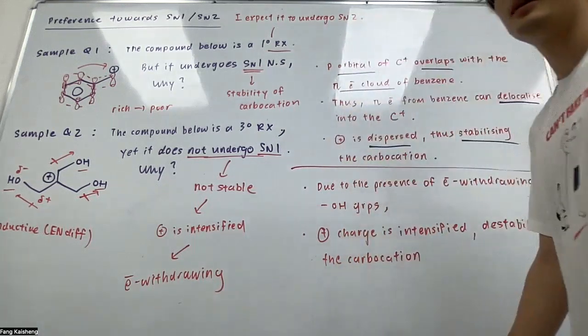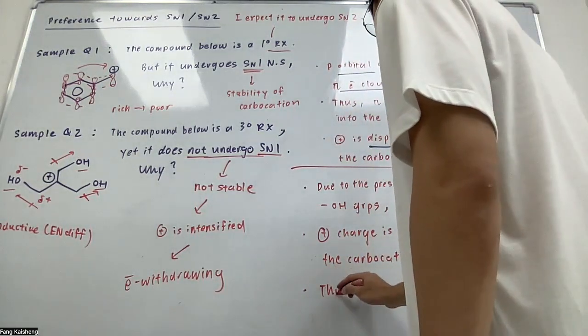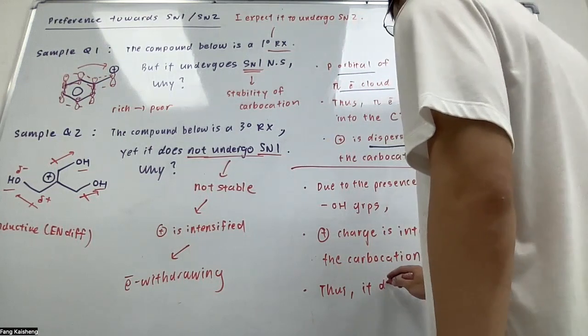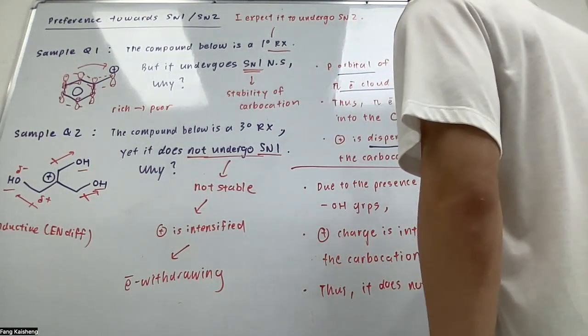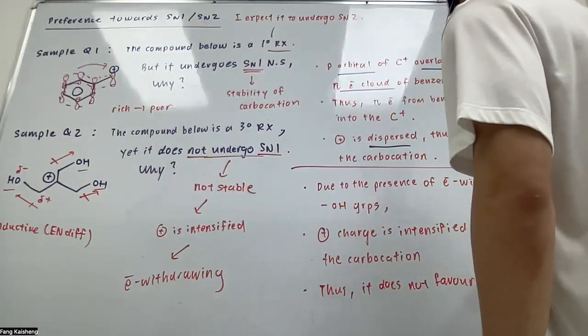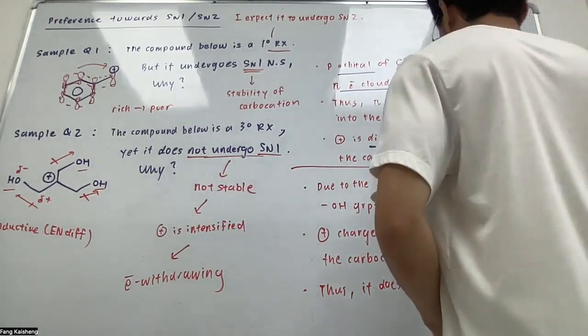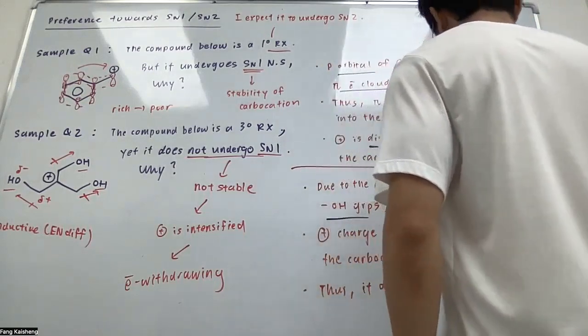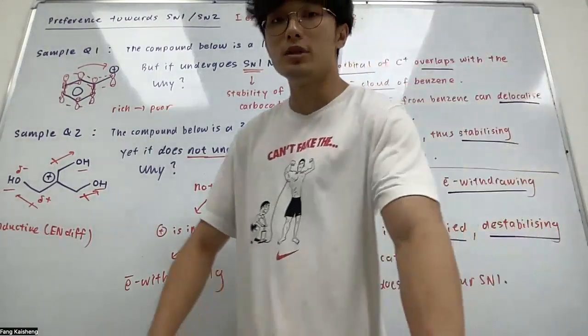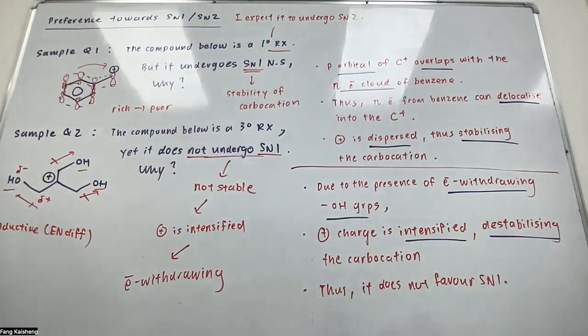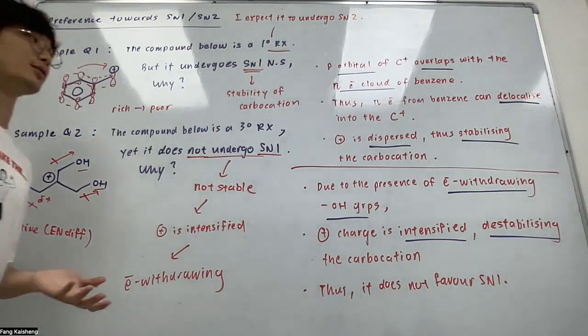Thus it does not favor SN1. You must put this in your cheat sheet. So, of course, don't just copy. Try to write down the answer yourself.